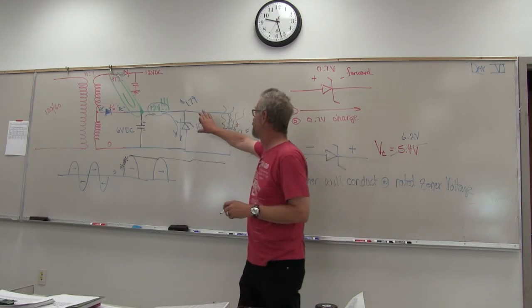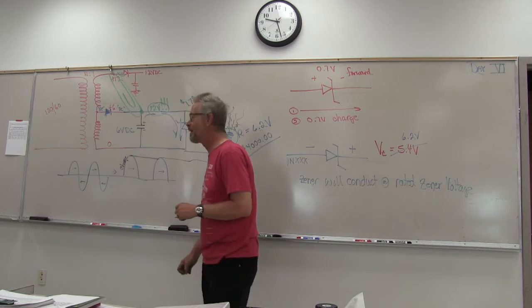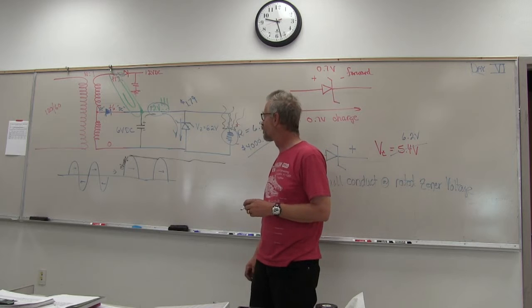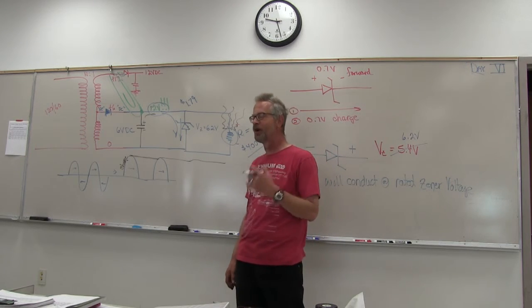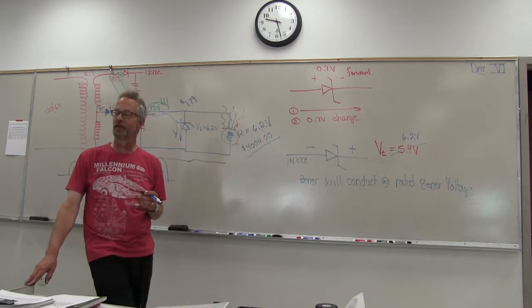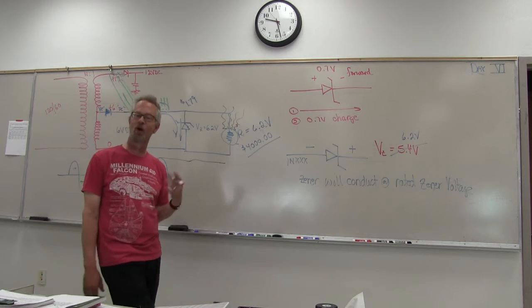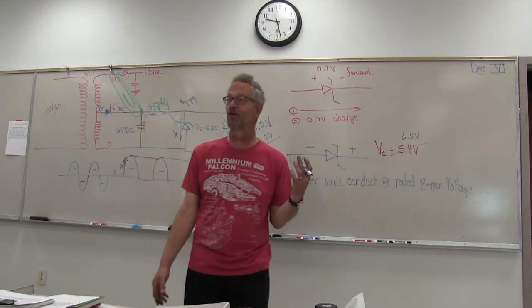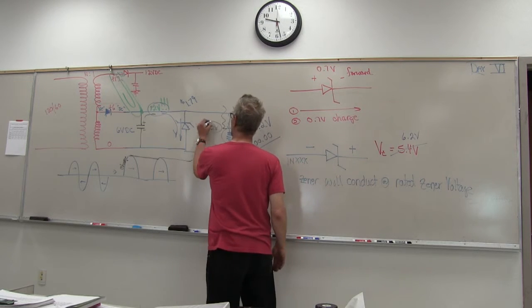Okay, so Zener diodes are used in reverse bias. In other words, we put them in backwards. But they are programmed to conduct backwards at a certain voltage. And that voltage is part of the description of the diode. So when you look up a diode based on a part number, 1N3350 or whatever, if it's a Zener diode, it will say what the Zener voltage is.